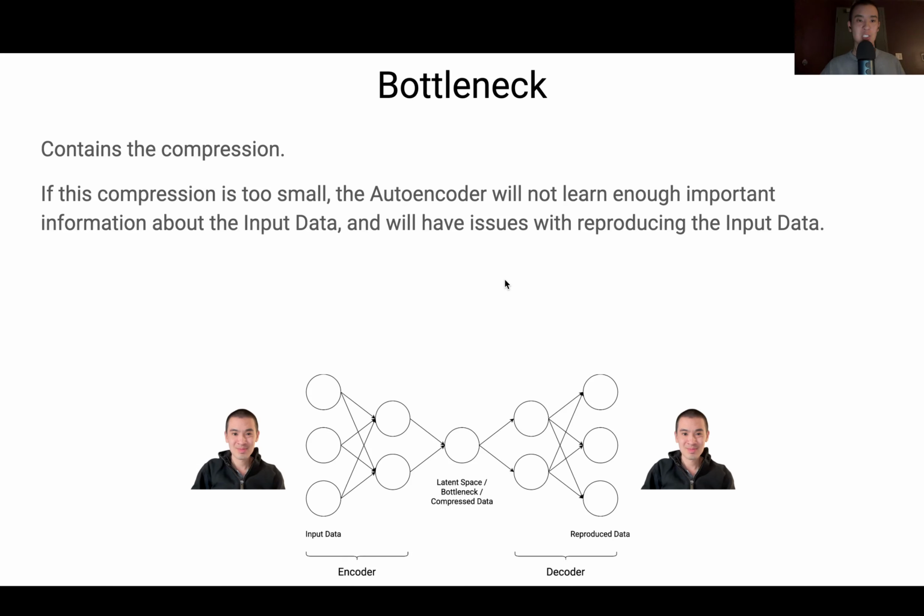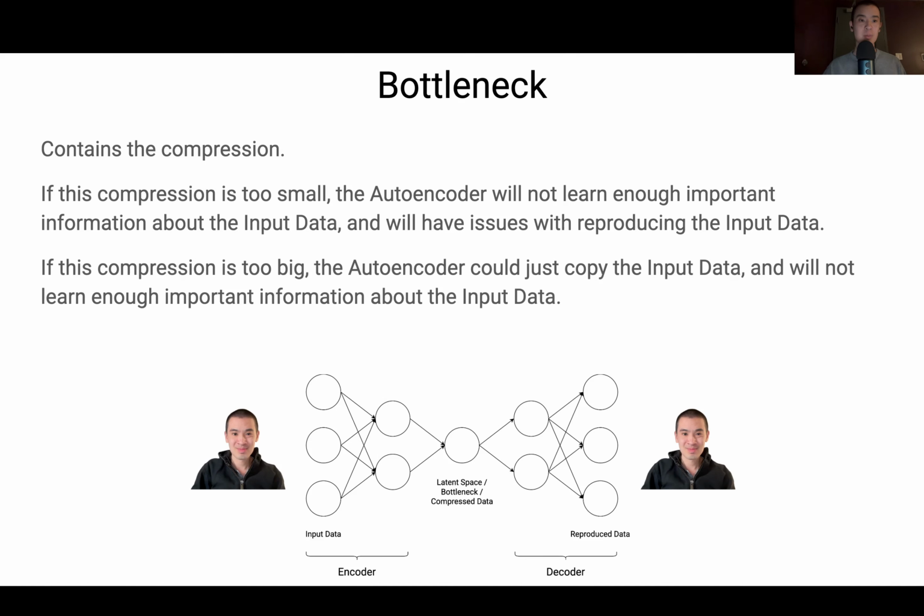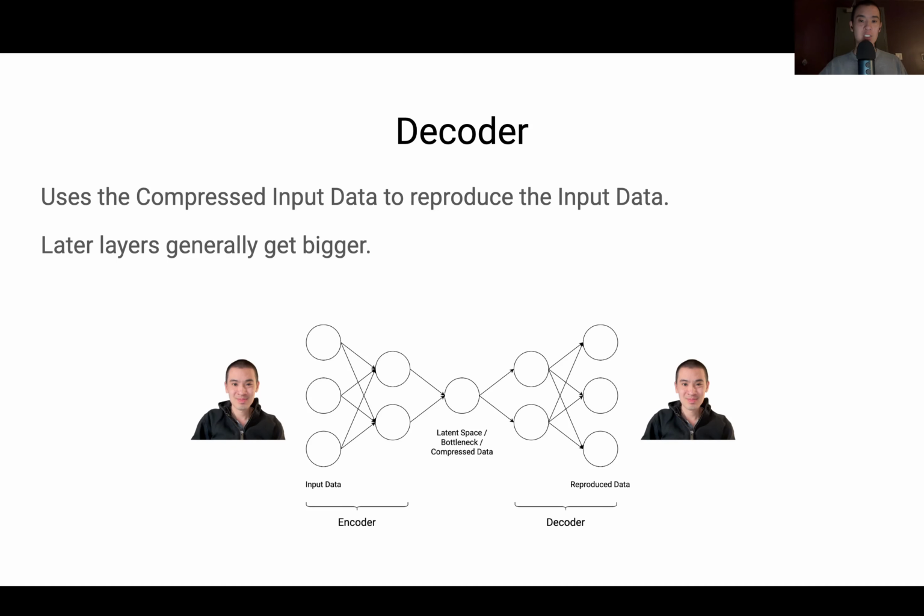If this compression is too small, the autoencoder will not learn enough important information about the input data and will have issues with reproducing the input data. What's the opposite problem if the compression is too big? Well, the autoencoder could just copy the input data and will not learn enough important information about the input data. And lastly, the decoder, right here, uses the compressed input data to reproduce the input data, and later layers generally get bigger.